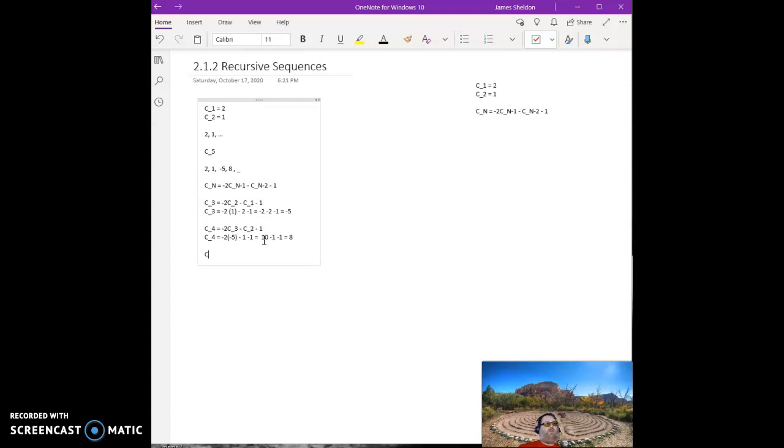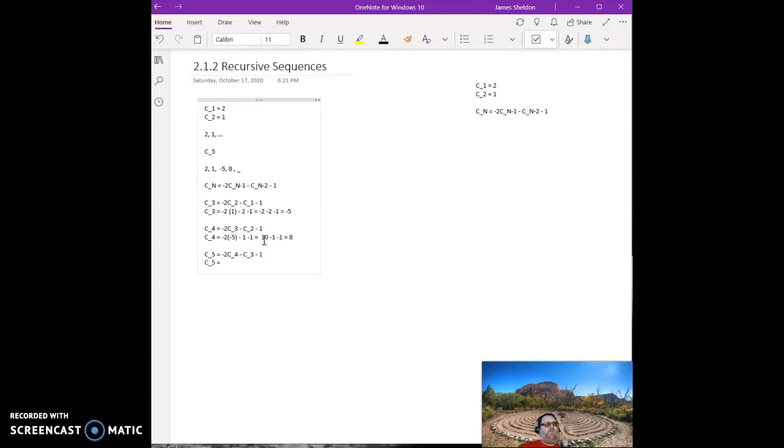Now, what we're going to do is find the fifth term in the sequence. So we have minus 2, we do C sub n minus 1, so that's C sub 4, minus C sub 3, minus 1.